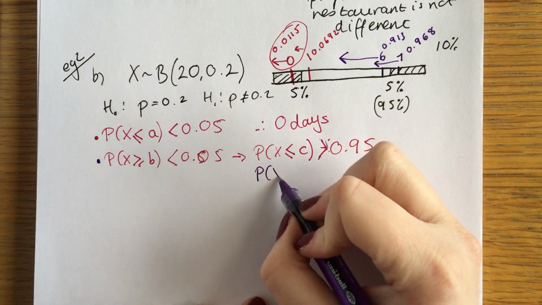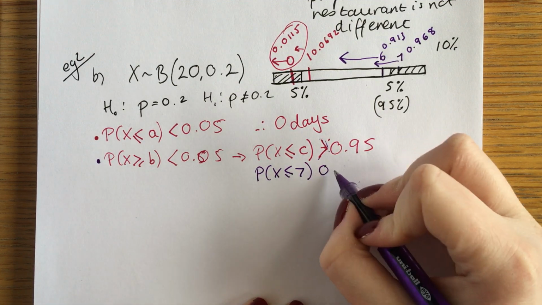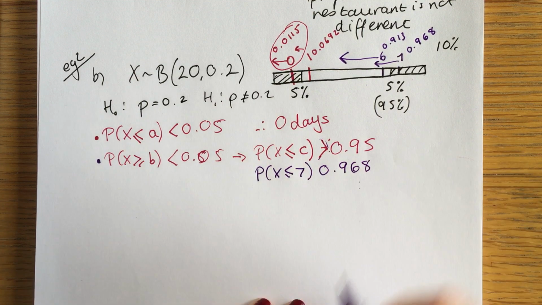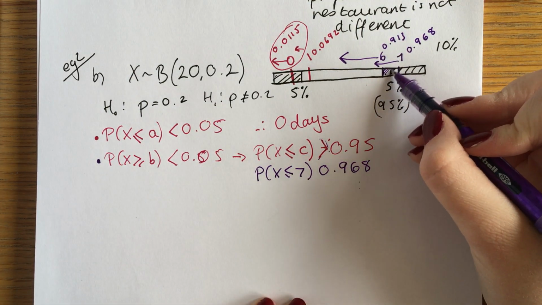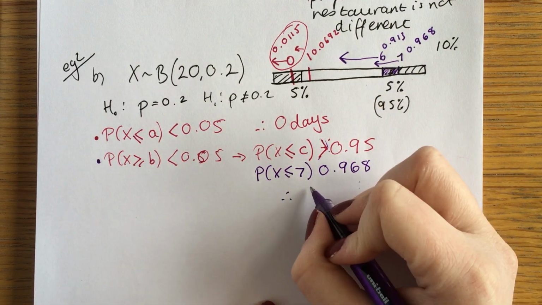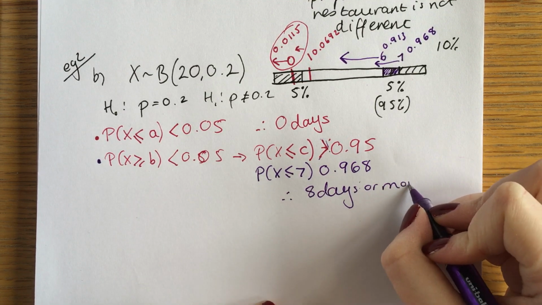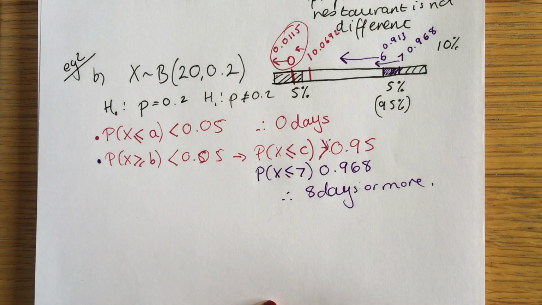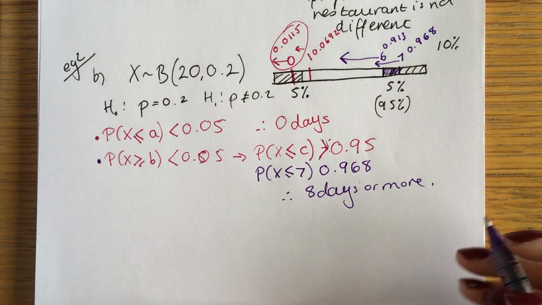So the probability that x is less than or equal to 7 is 0.968. So that means on the 7th day, the probability overlaps. So therefore, 8 days or more are going to be part of our critical region.